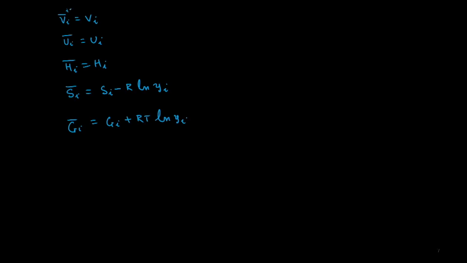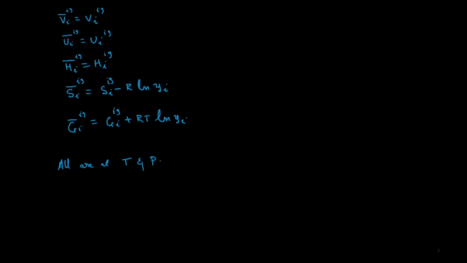Now all of these are for ideal gases, so I'm going to use the superscript IG. We have derived all these relations for partial molar properties in terms of the pure component properties. All are at T and P. The temperature and pressure are the same, which is the same as that of the mixture.